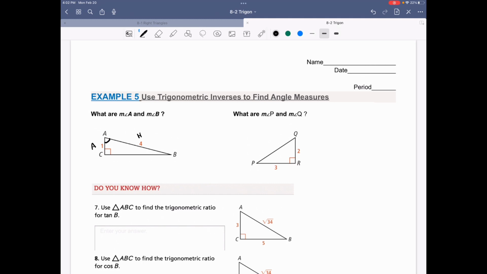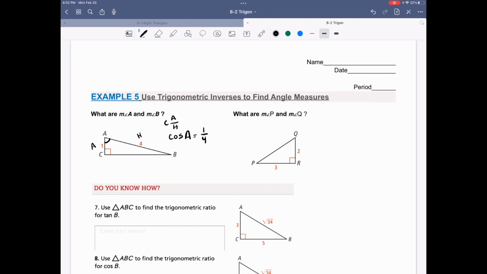So toa. So the cosine is adjacent over hypotenuse. The cosine of A is equal to 1 over 4.